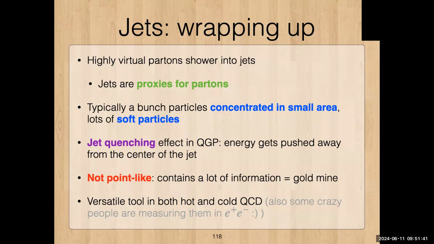Going to the hot QCD side, we have the jet quenching effect, where energy gets pushed away from the center of the jet, and we can study the quark-gluon plasma this way. One important point is that it's not a point-like object. If you measure J/psi, then you have forward momentum, maybe the decay angle, but not that much. But jets are complicated, and there's a lot we can learn from them.